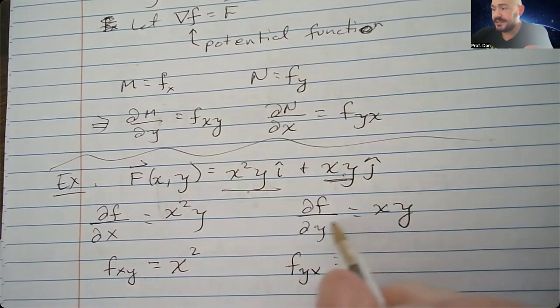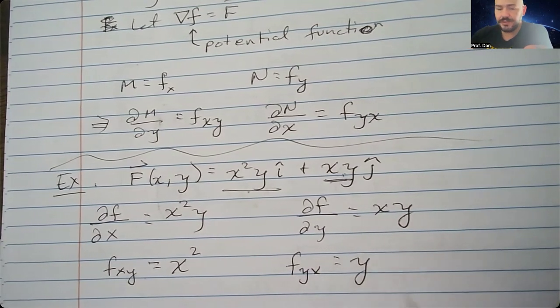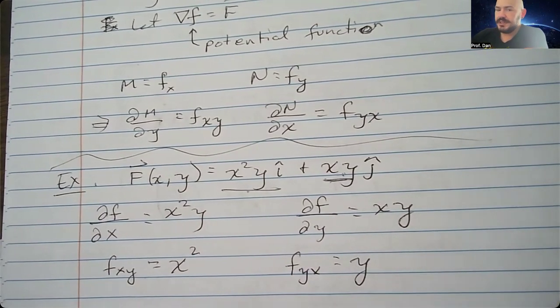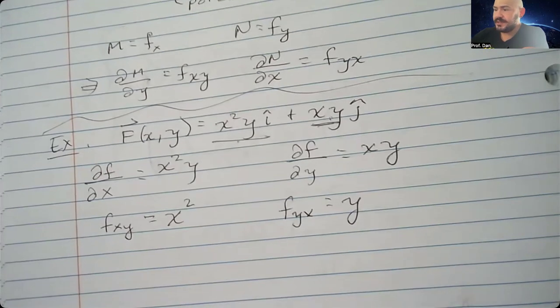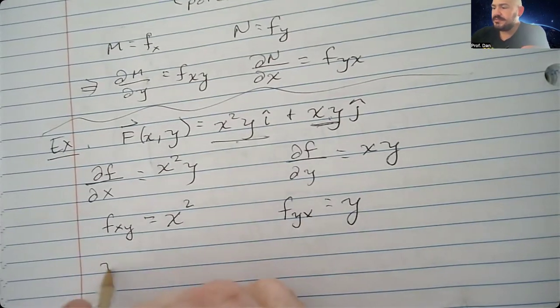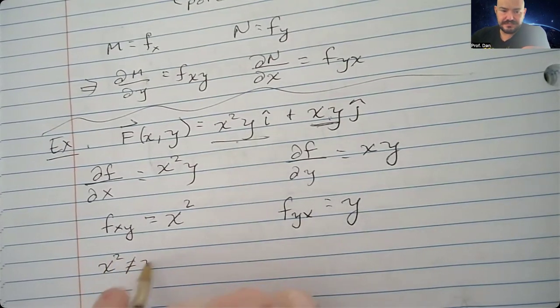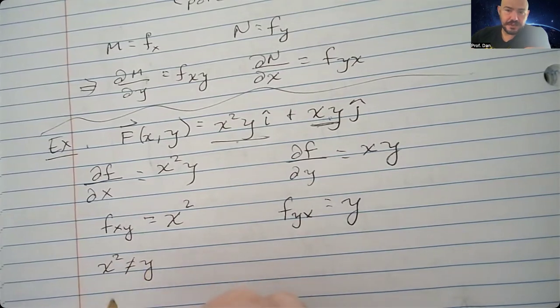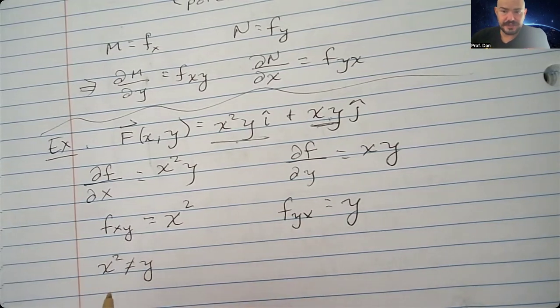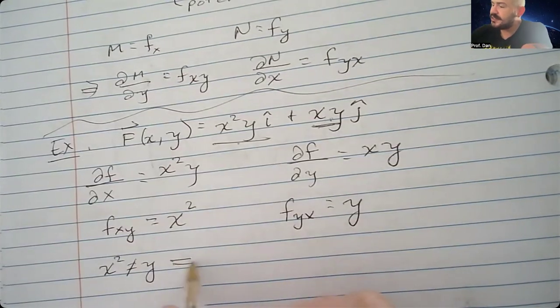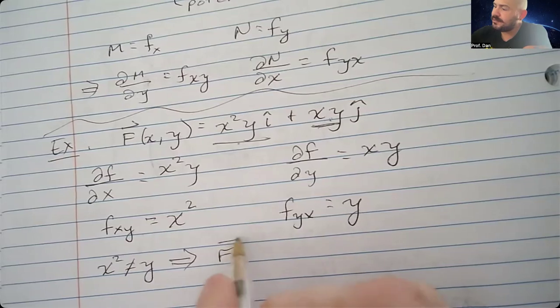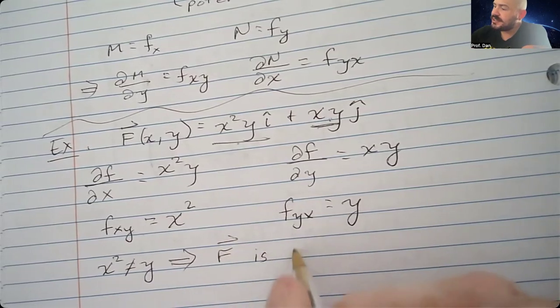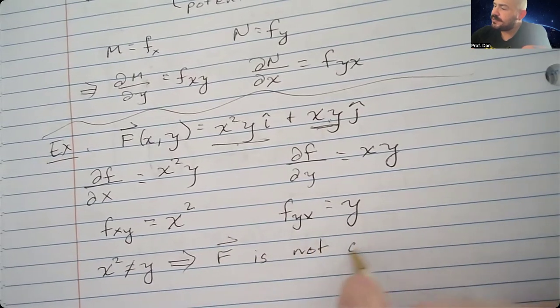If I differentiate this with respect to x, I get y. These are not the same thing. While they may be equal for certain values of x and y, this is not true for every value of x and y. That tells me that f is not conservative.